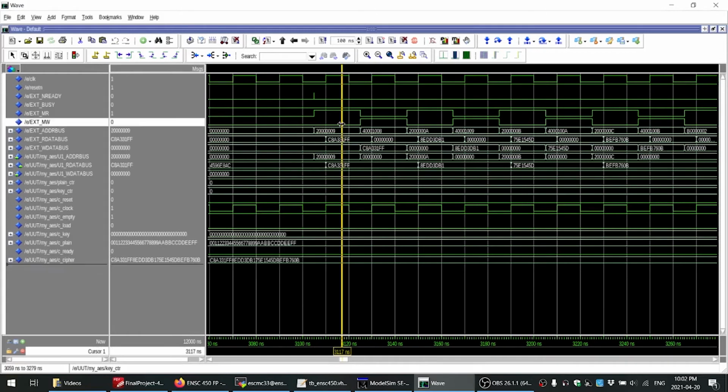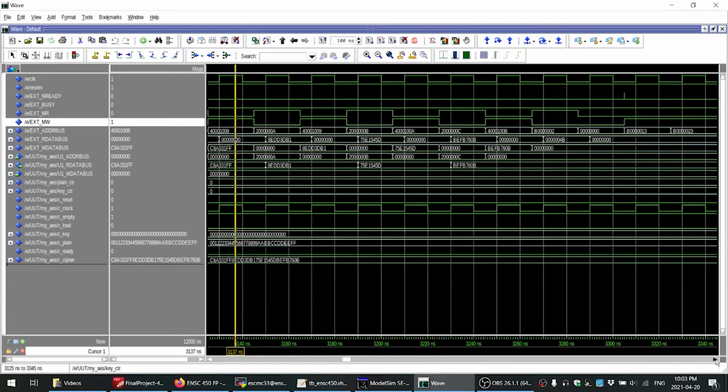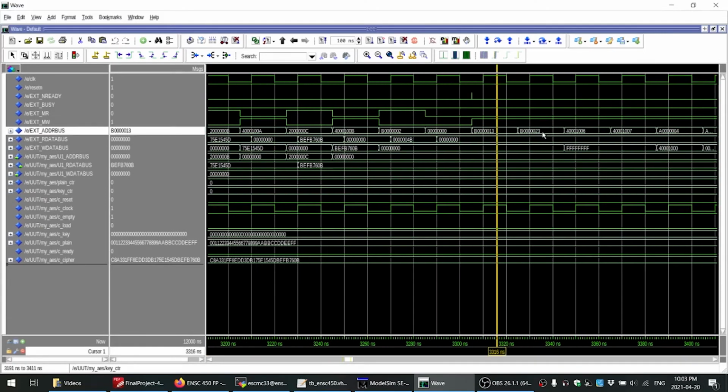Now the CPU reads these values in 4 packets. This output value of the ciphertext, it reads it in 4 packets and writes it back to the SRAM. And the second test case took these many clock cycles.